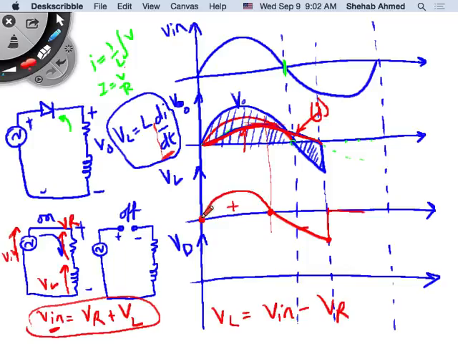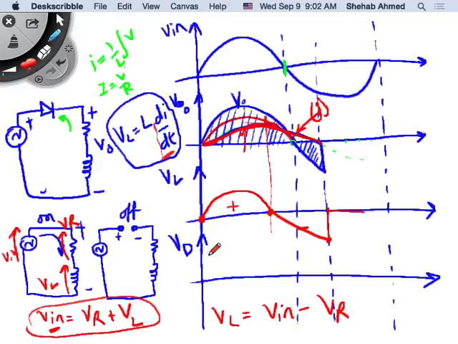Yes, as soon as the current starts to rise, you will have a positive slope. I agree with that. Until the slope becomes 0, you were all positive. After that, it became negative.